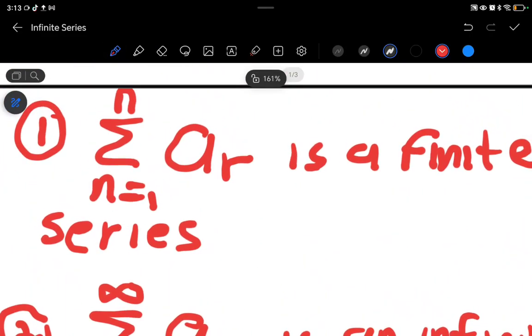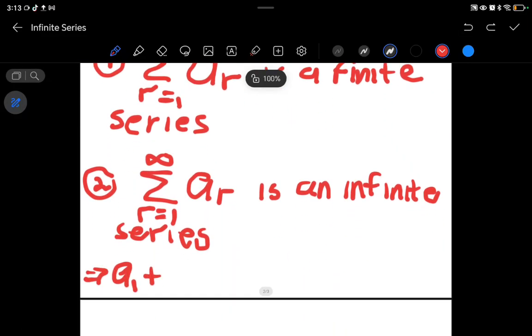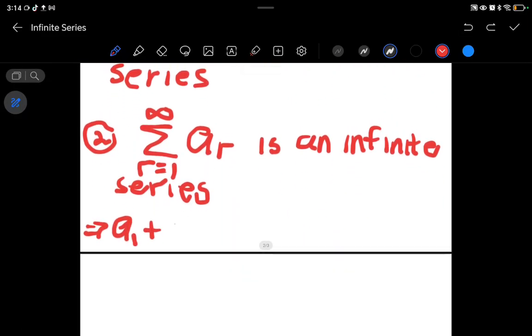If I plug 1, I'll have A1. I plug 2, I have A2. I plug 3, I have A3. So here I would plug up until infinity. We don't know how many times we're gonna plug, so I'm gonna put those dots up there, right?